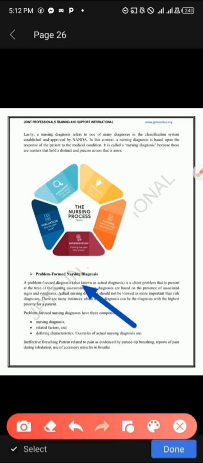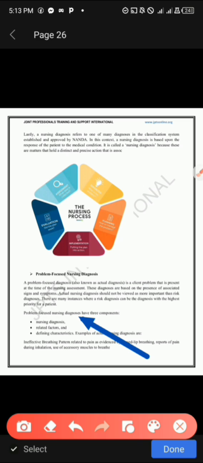These diagnoses are based on the presence of associated signs and symptoms to be able to note how the patient feels. An actual nursing diagnosis should not be viewed as more important than a risk diagnosis. There are many instances where a risk diagnosis can be the diagnosis that is the highest priority for the patient.